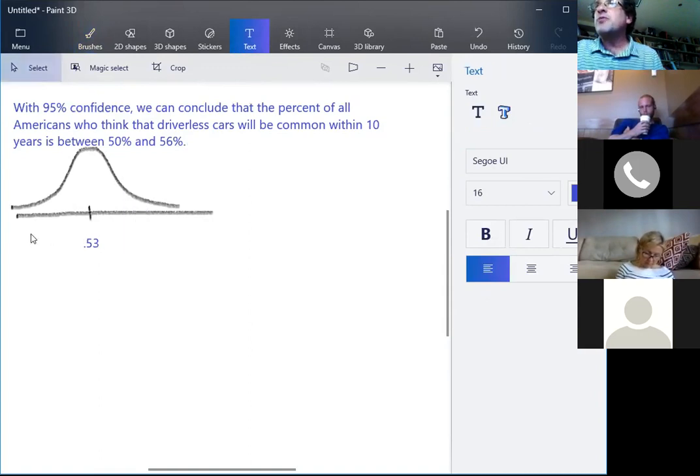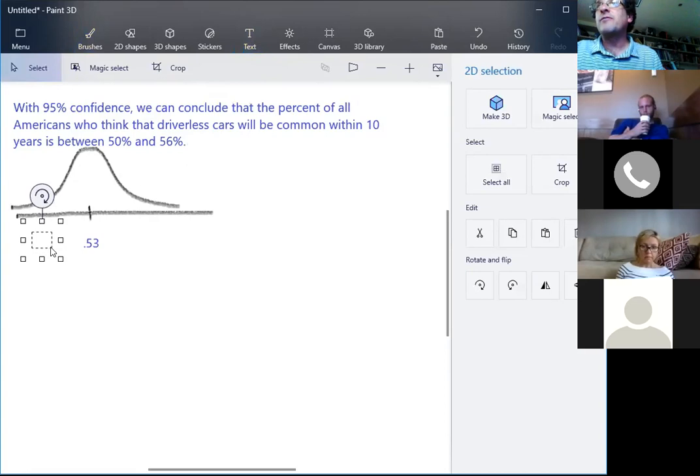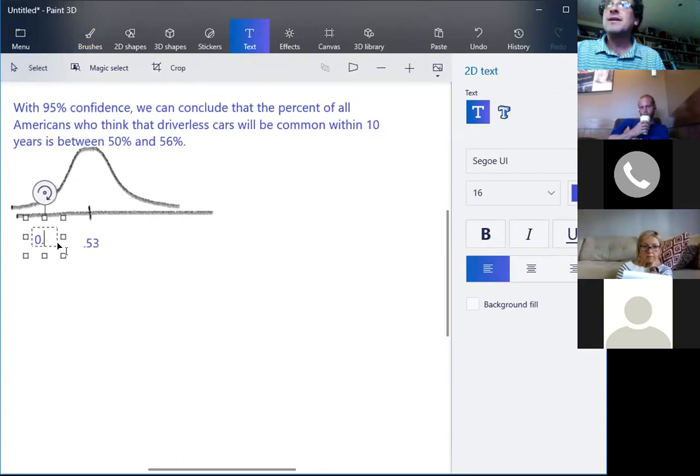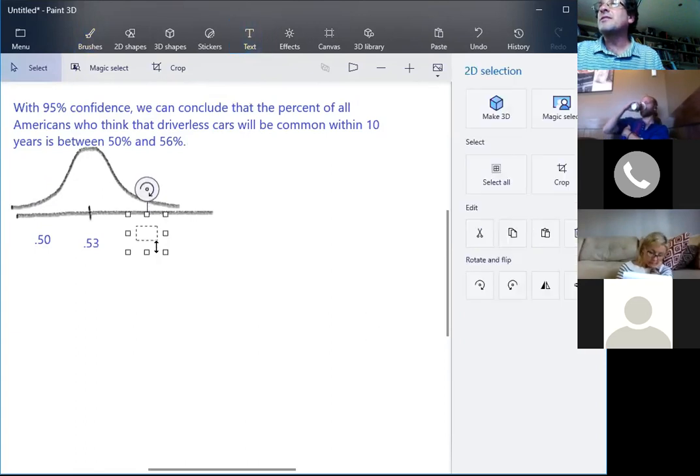And then between 50%, which is 0.5, and 0.56.